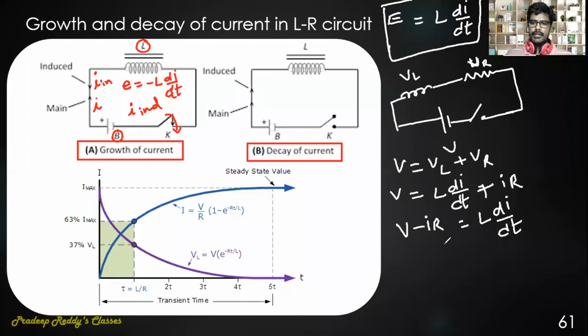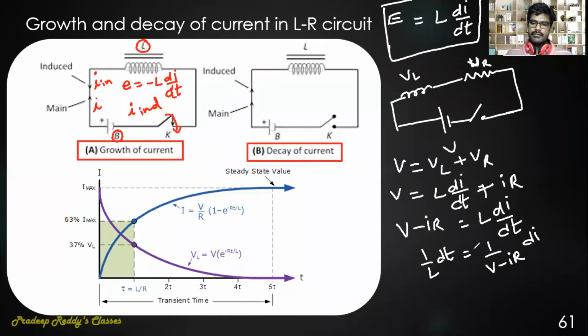From here you can write 1 by L into dt is equal to 1 by (V minus IR) into di. We have just segregated current terms and time terms. 1 by L is a constant, so I am writing it on the other side. 1 by (V minus IR) is the current term, so I am writing it on the side of current.